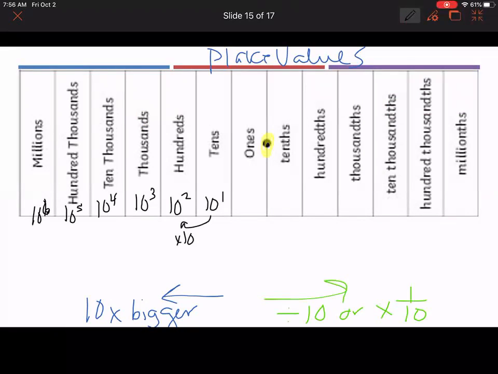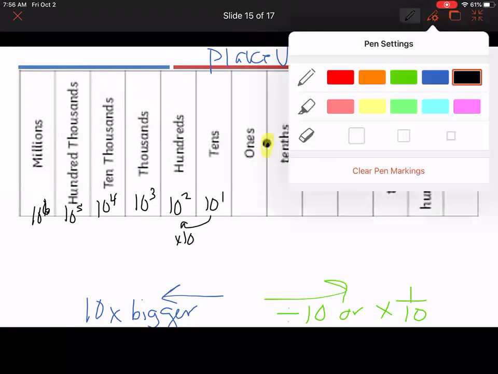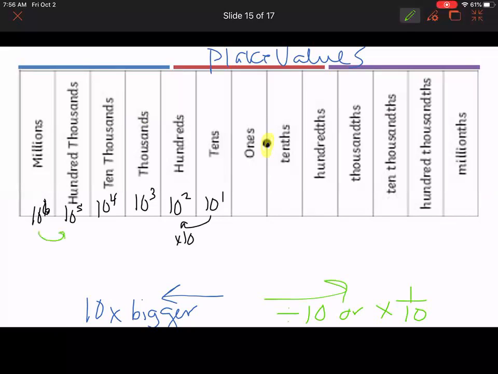Or you can think about it again as when you're moving to the right, this is divide by 10, or 1/10 that power, divide by 10, divide by 10. And you notice the exponents: 6, 5, 4, 3, 2, 1. So what would come next following that pattern? 10 to the 0.